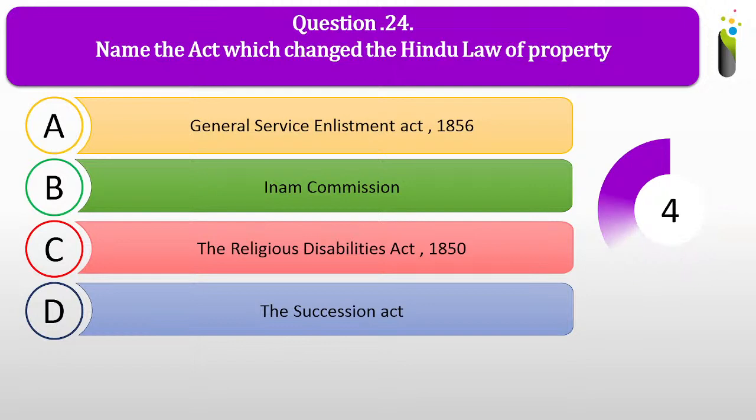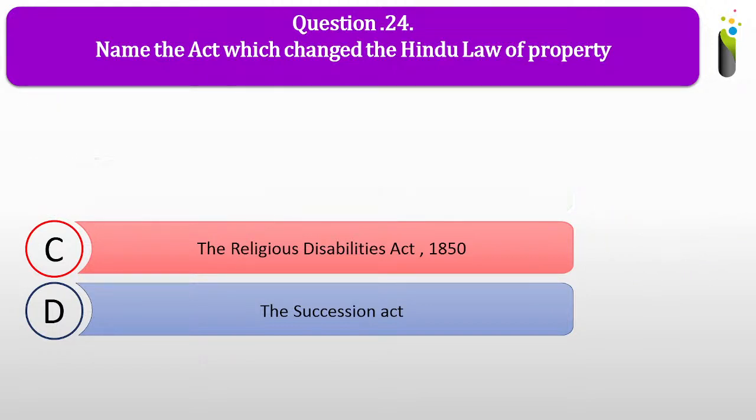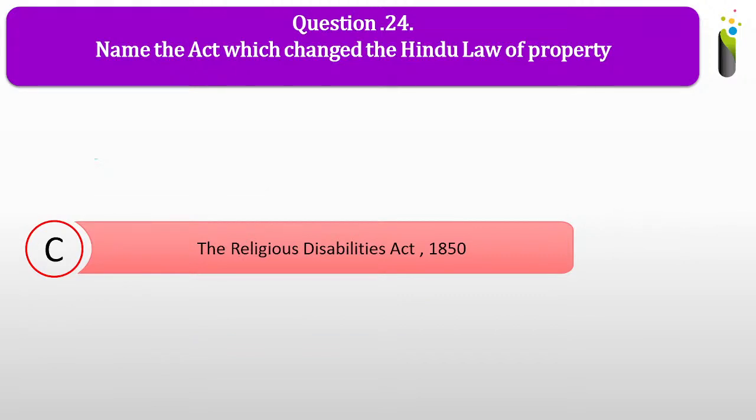And the correct answer for this question is C. So the act which changed the Hindu law of property was the Religious Disabilities Act 1850.